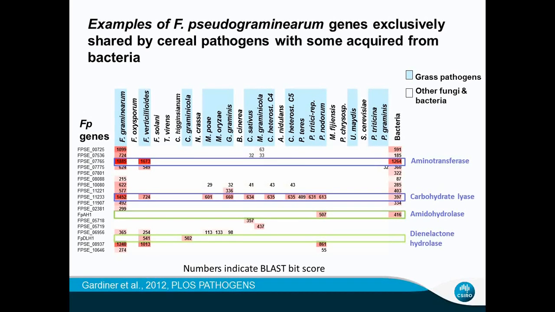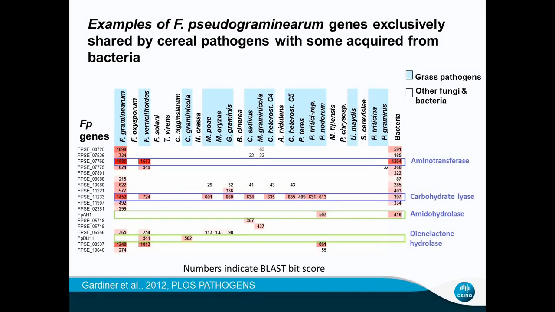This is the Fusarium pseudograminearum gene that seems to also be present in Stagonospora nodorum, which causes glume blotch in wheat. That's another cereal pathogen. No other sequenced fungi contain this particular gene, but there are very close matches in bacteria. This gene encodes an amidohydrolase.